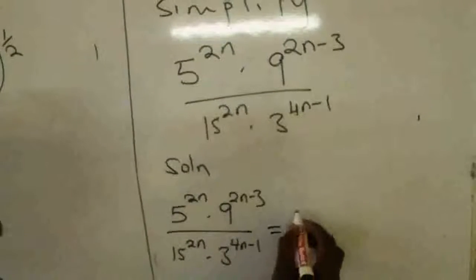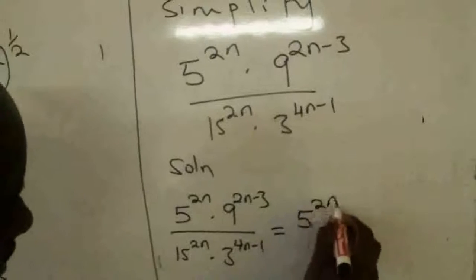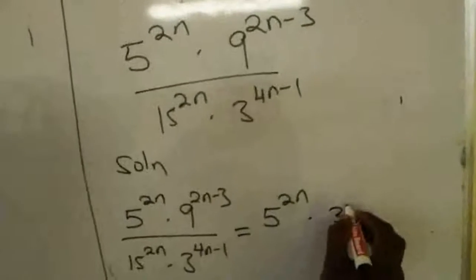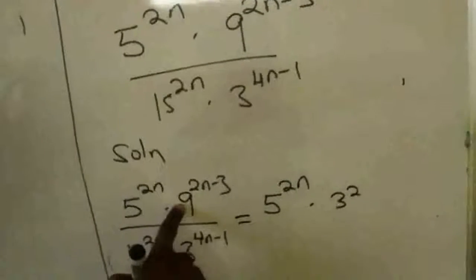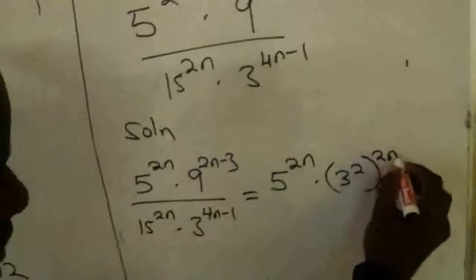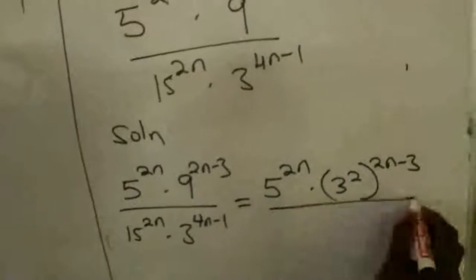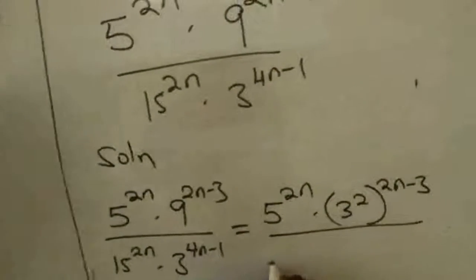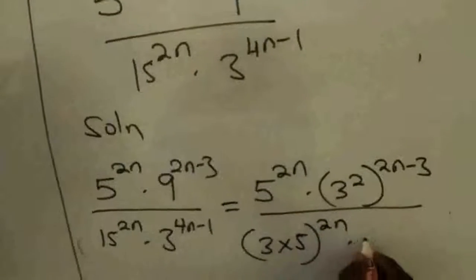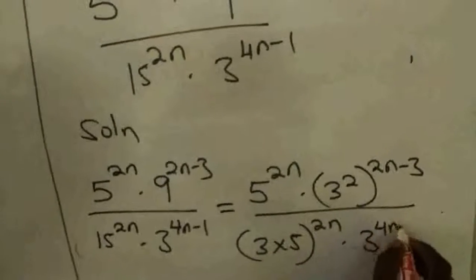So we shall just say 5 power 2n times 3 squared to get the 9, with power 2n minus 3, divided by, 15 gives us 3 times 5, power 2n times 3 power 4n minus 1.